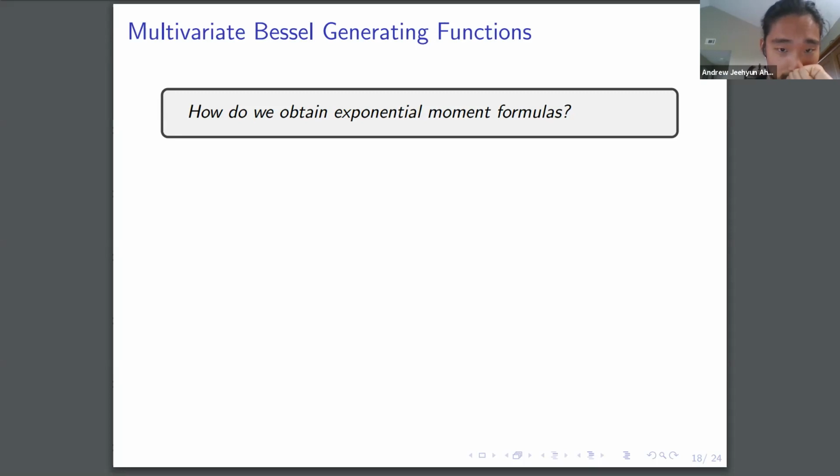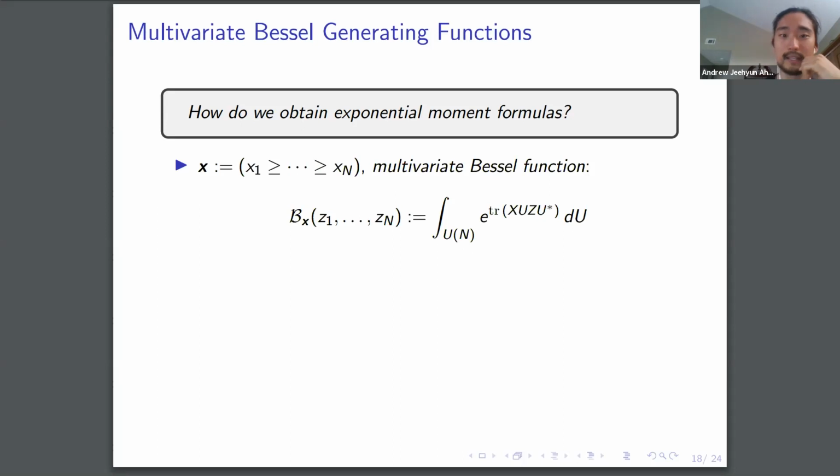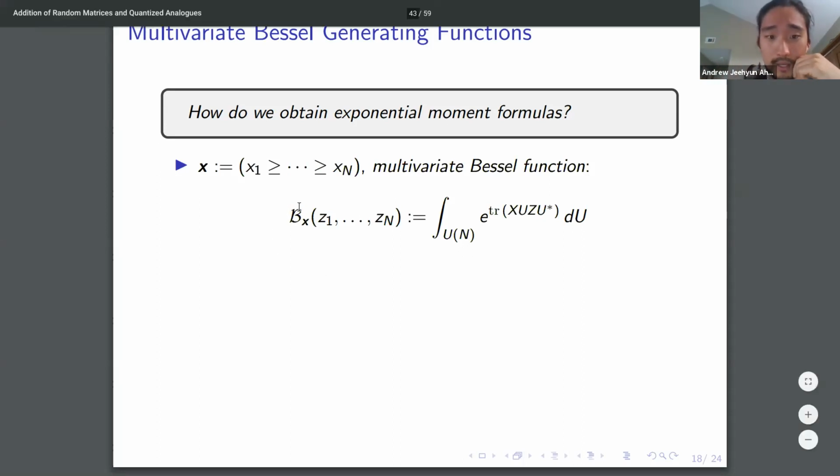So let me just define this object. So here's what it is. If you have an n-vector of real numbers x1 through xn, then the multivariate Bessel function, which we'll denote by mathcal B sub x, is the following function in z1 through zn, and it's just going to be an integral over the unitary group.